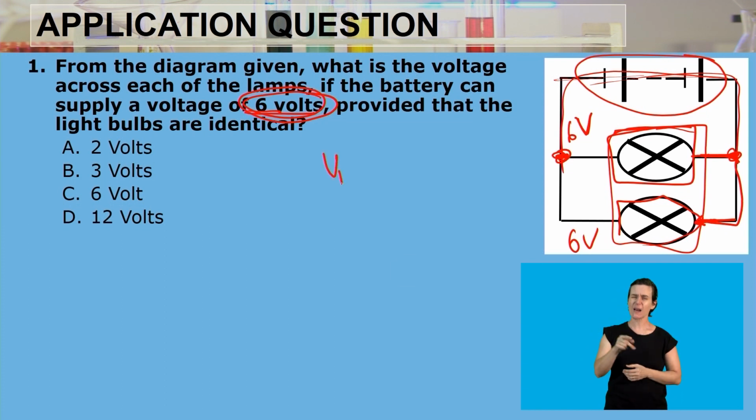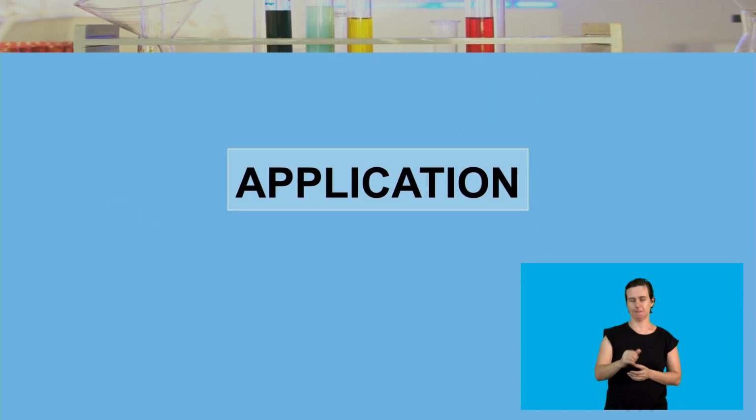Remember, V total equals V1, which also equals V2 in a parallel circuit. The voltage of the entire circuit is equal to the V measured across the first resistor, hence the V1, and also equal to the voltage measured across the second resistor, which is our V2. So therefore, our answer here is C.